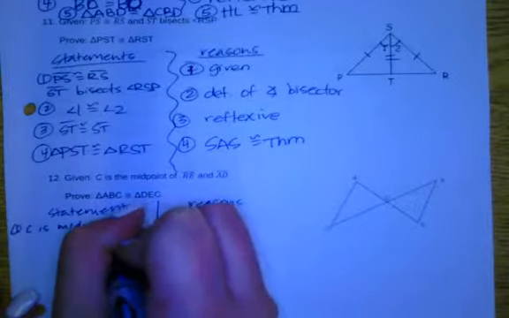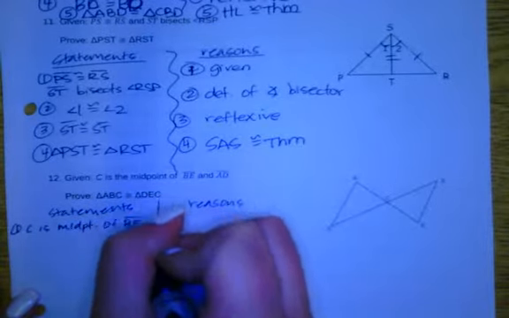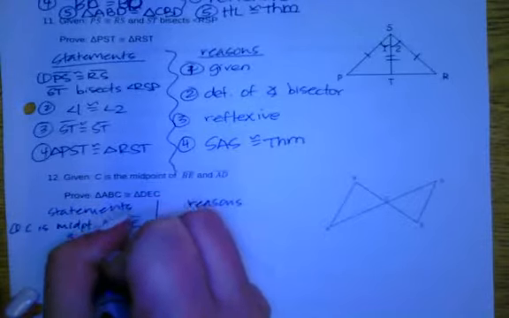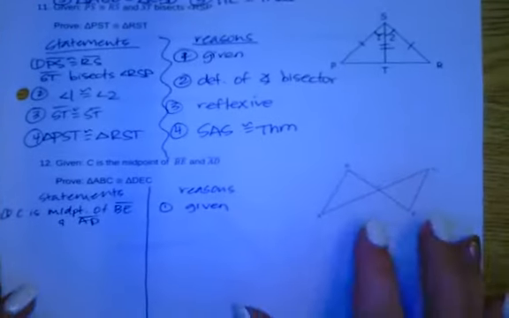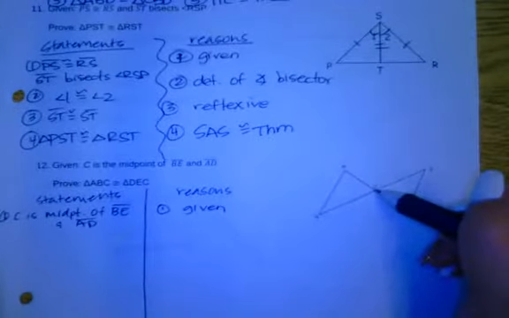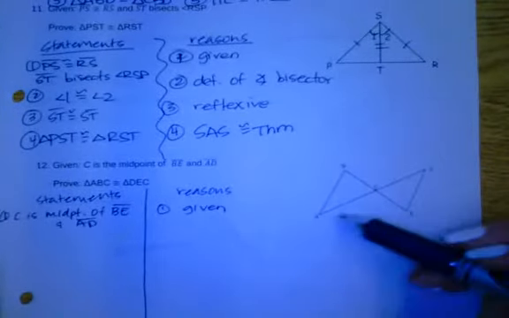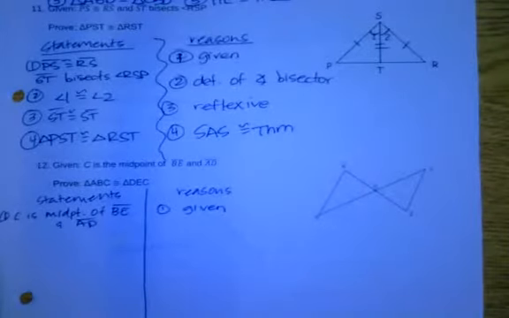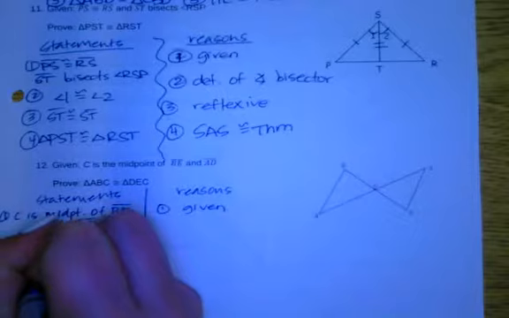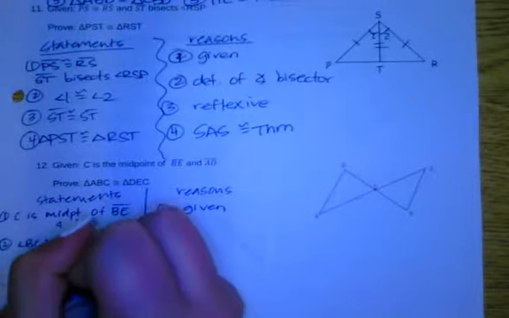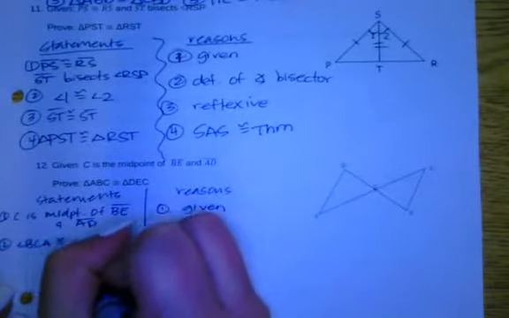Okay, C is the midpoint of BE and AD. Tell me some things. Angle BCA is congruent to ECD. Cool. Why? Vertical angle. Okay. Now going back to our given, what does that given tell us?